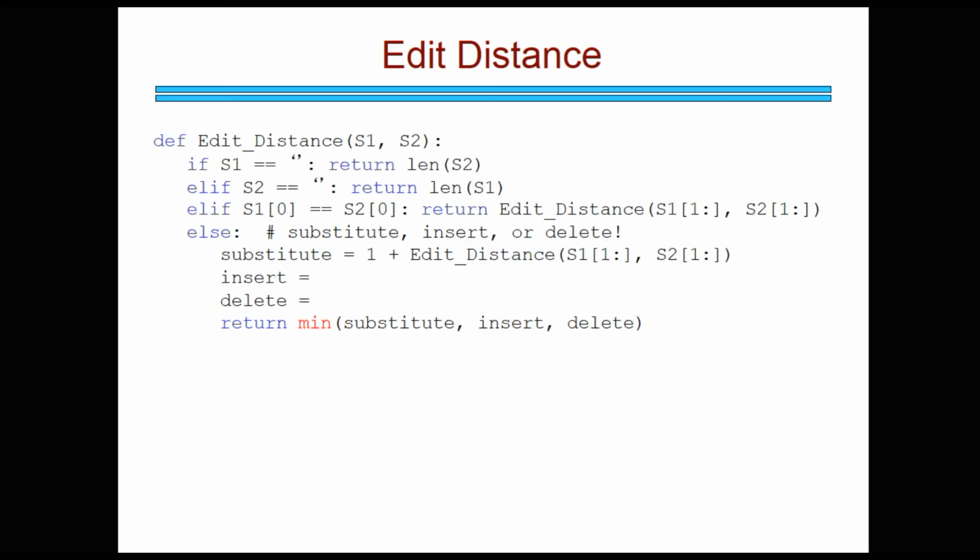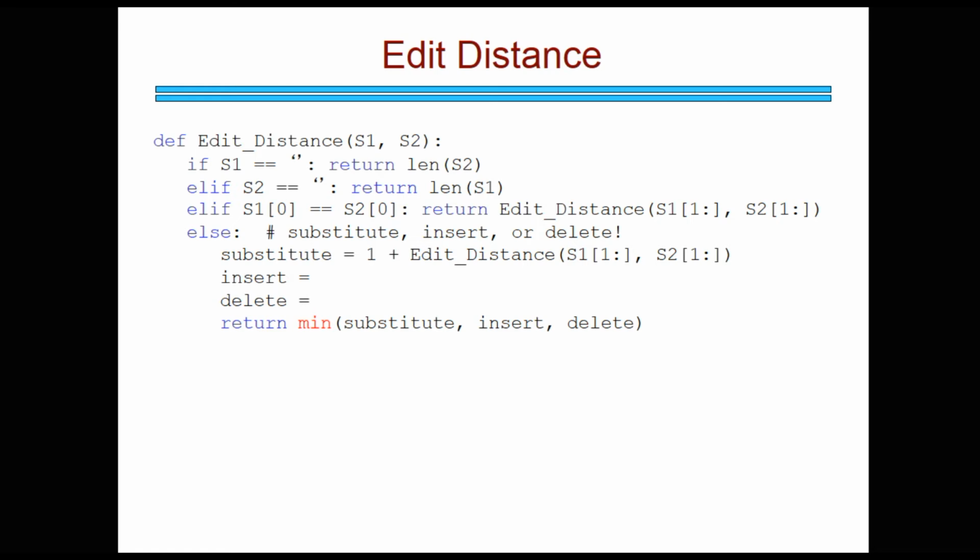In the case that we are considering substitution, the cost of substitution is 1, and we need to add it to the edit distance of the remainder of S1 and S2.